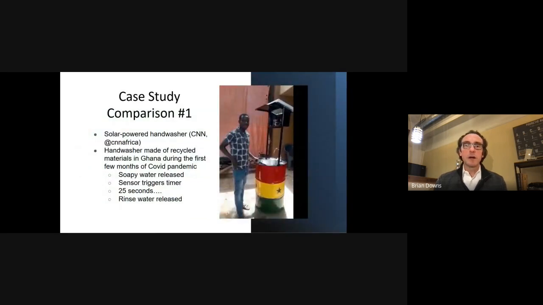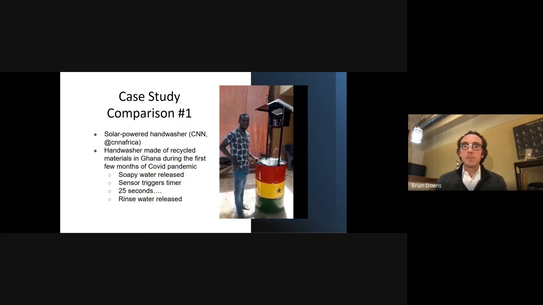This is a picture of a solar-powered hand washer that was posted on CNN Africa's Instagram feed in early 2020 and was also featured in a CNN article. Basically, a group in Ghana assembled several recycled materials into a solar-powered hand washer. So you see in this picture, there's a 55-gallon drum with a sink mounted on top.